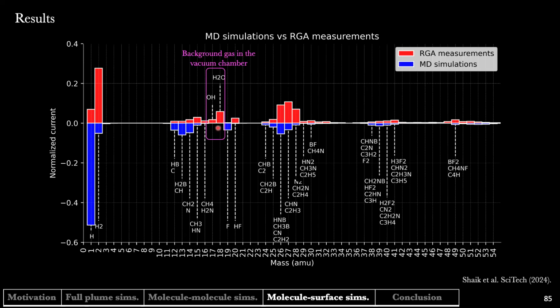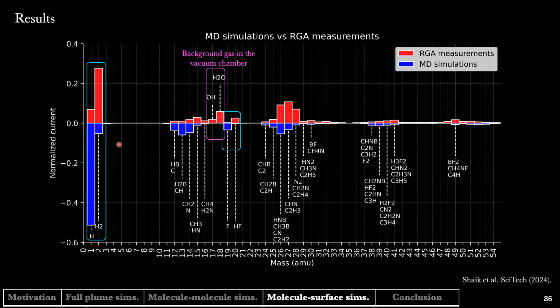They observe in the experiment the molecules of OH and H2O. And this is because of the background gas in the vacuum chamber, so there is water in the vacuum chamber. And even though they tried to remove the background gas measurement, there's still some fragments of water in the vacuum chamber.